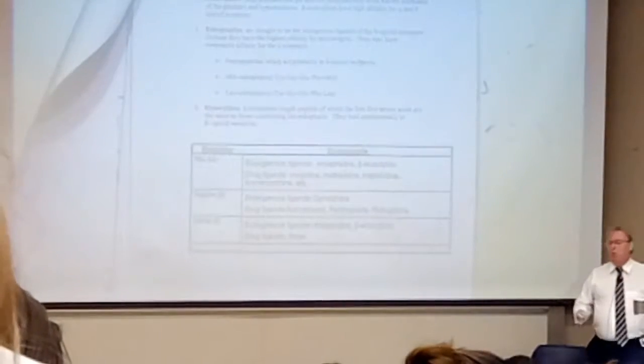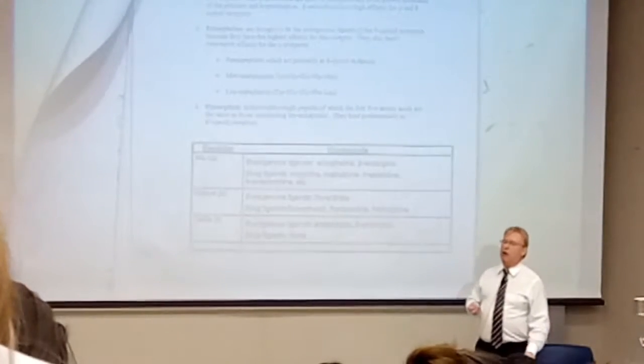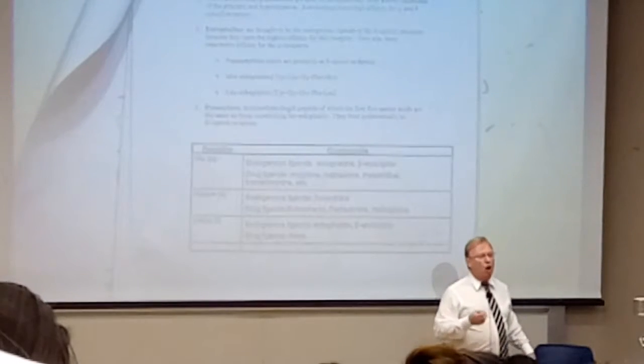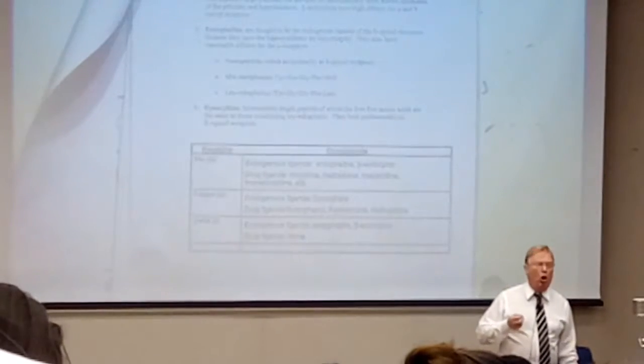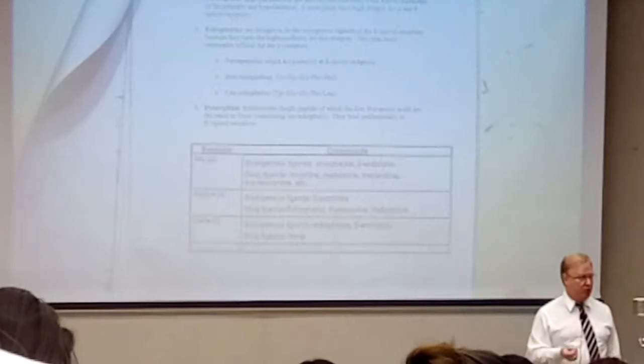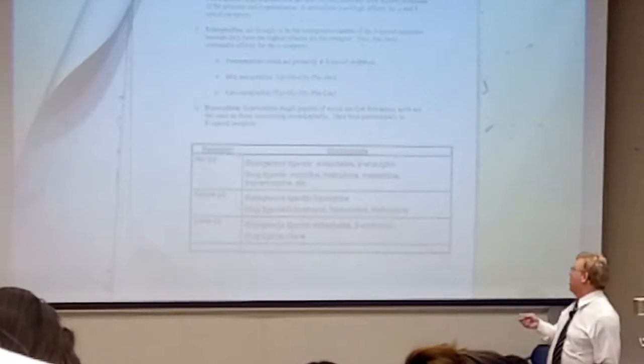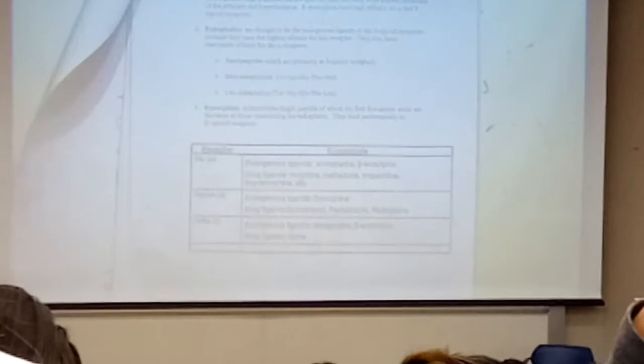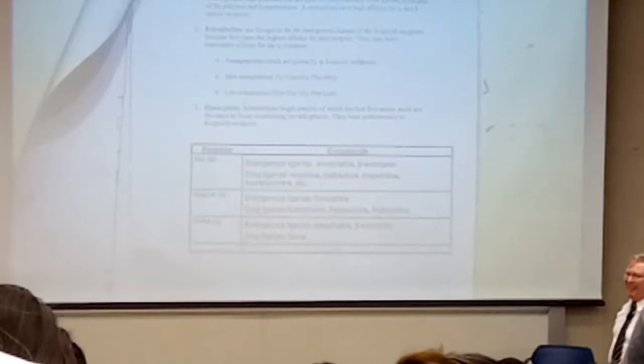Okay, now, we said before that not only do you have different endogenous opioids, you also have different types of opioid receptors, and the three major types of opioid receptors are mu, kappa, and delta. Okay?